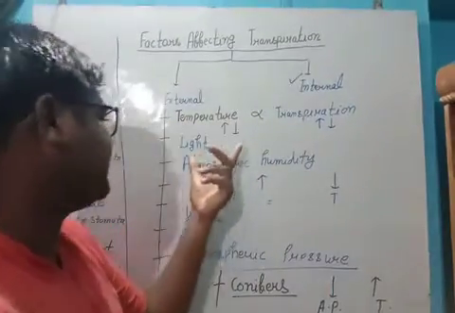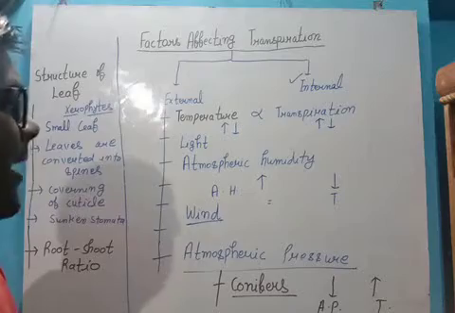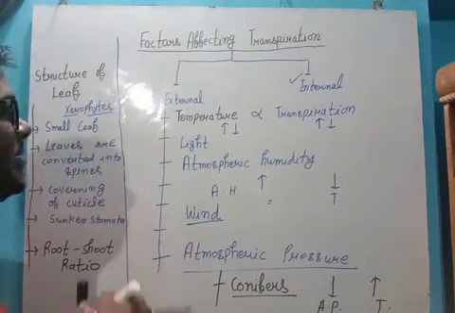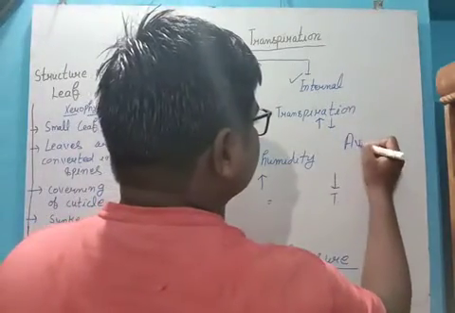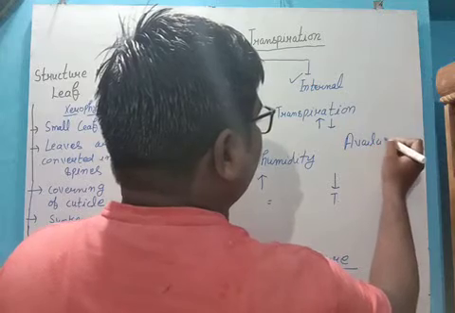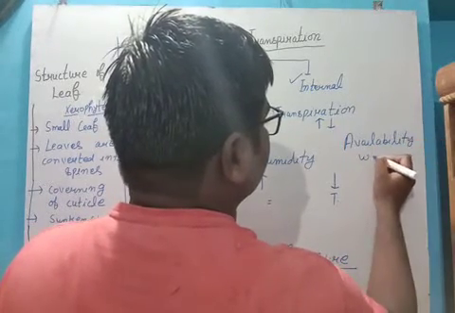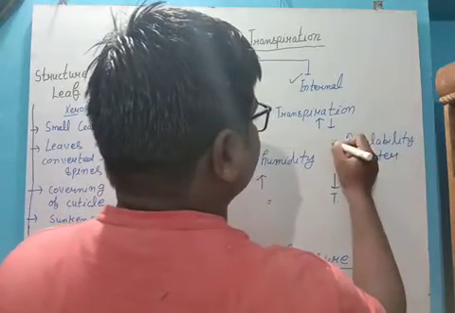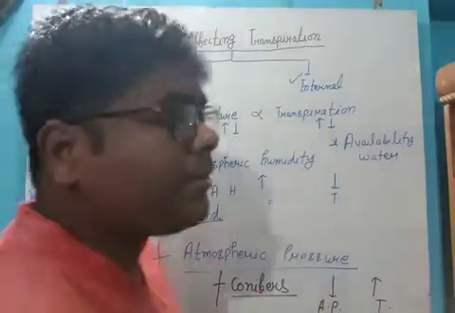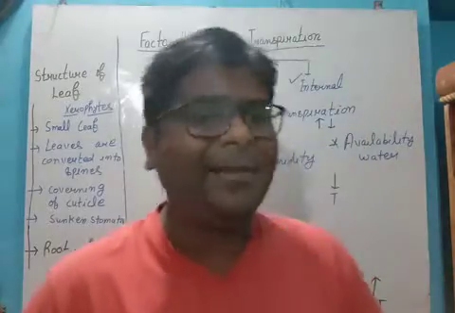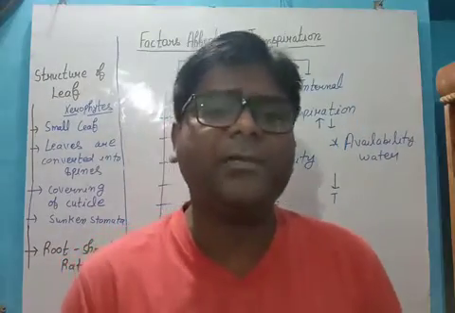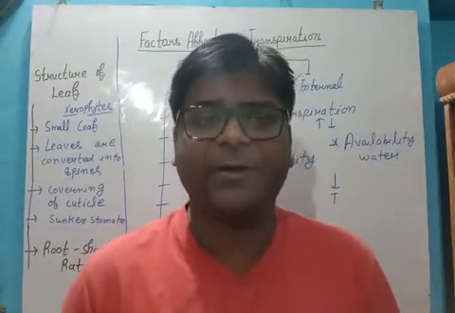Here we discussed external factors. Here you can add one more: availability of water. When water is available, we have a high rate of transpiration, and when water is not available, we have a low rate of transpiration.